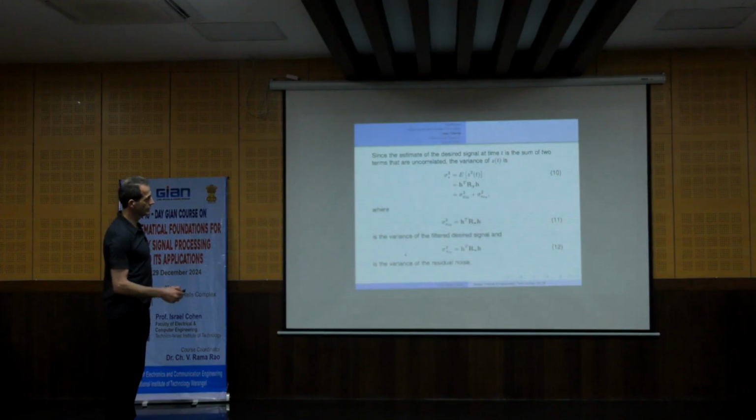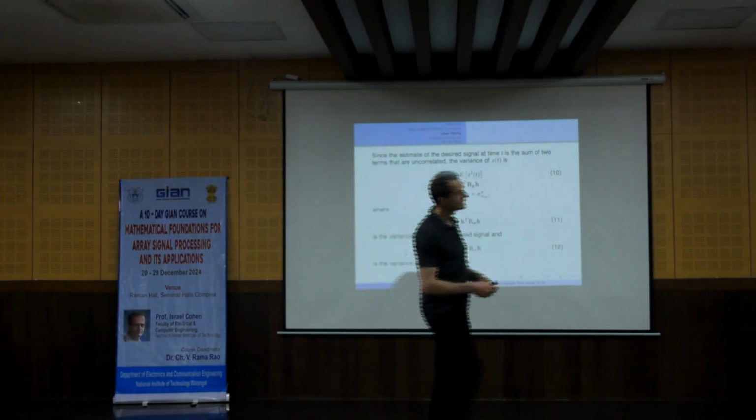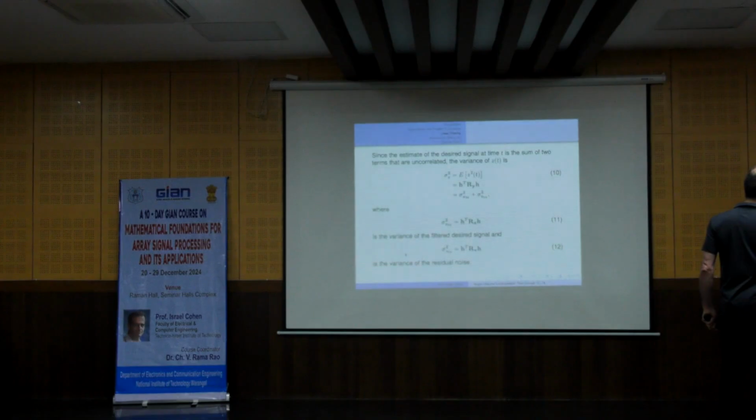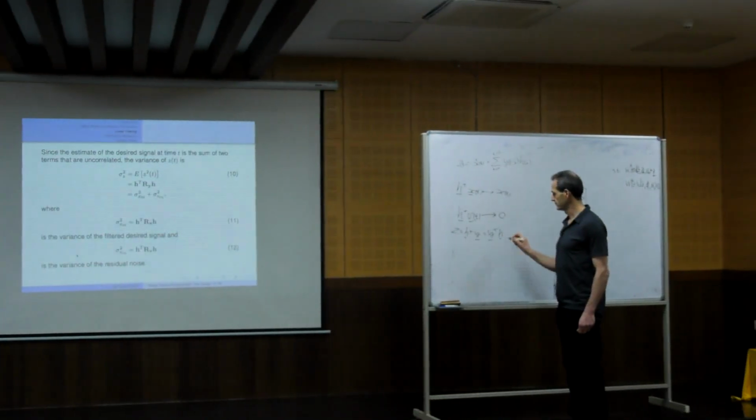Okay? How do we get it? Very easily, you see? Because for the expectation of Z squared, Z is a scalar, which equals H transpose Y. So we can write it like this, or we can write it Y transpose H. The same.